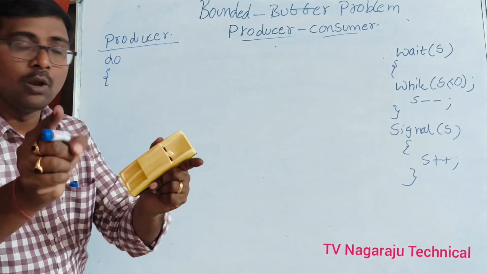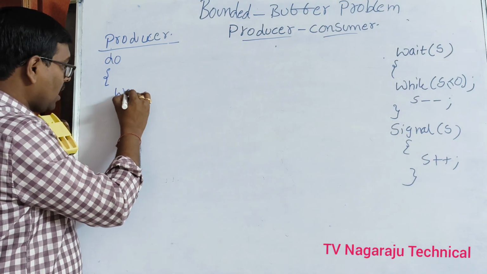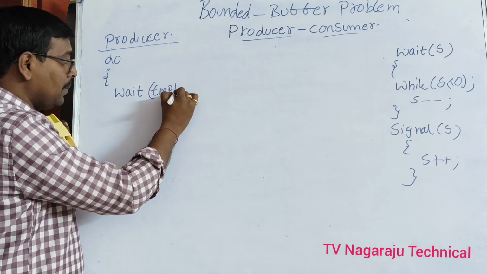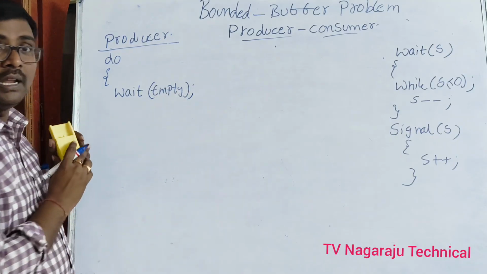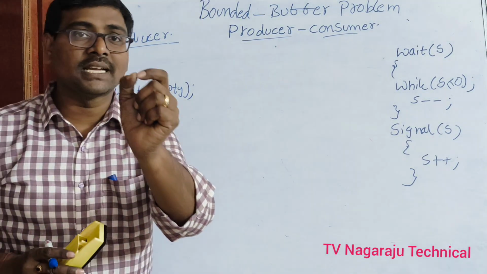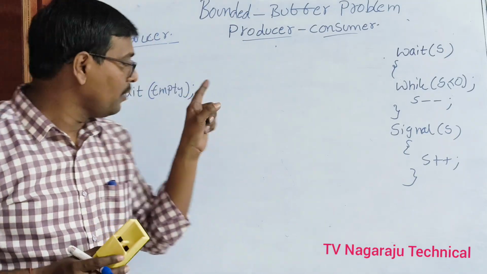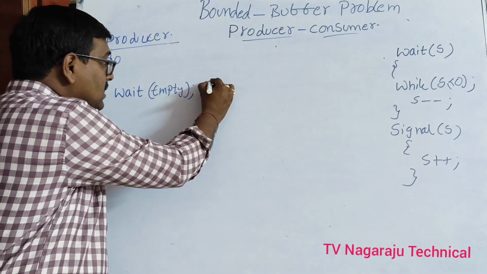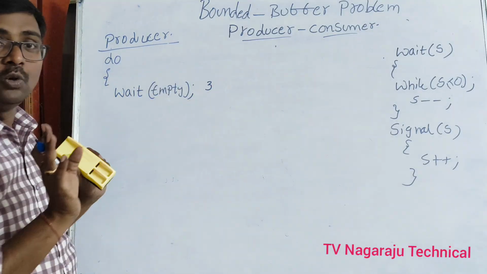Then only you are allowed to insert. So I am calling wait of empty. Just for understanding, assume my buffer size is equal to 3. Now initially, what is the value of empty? Initially the value of empty is equal to 3.